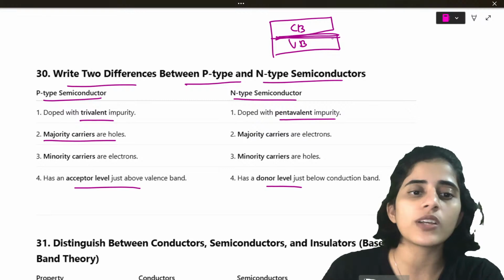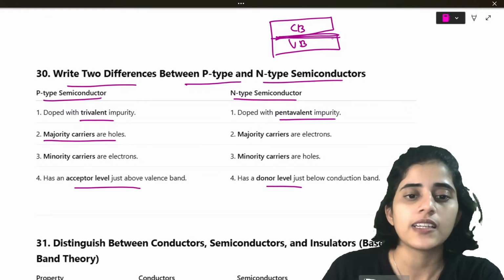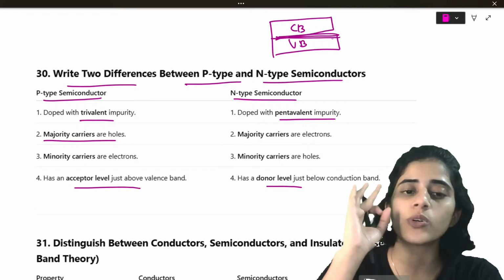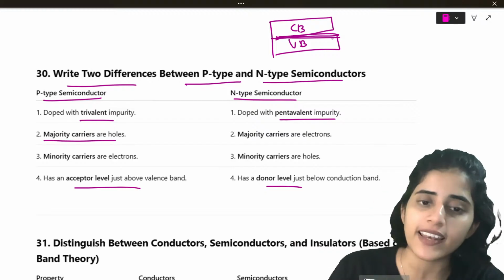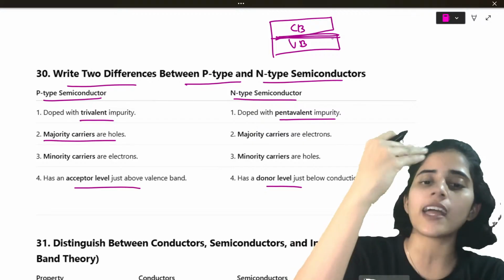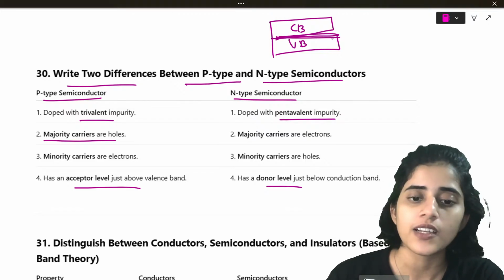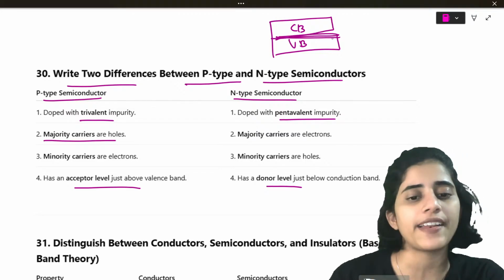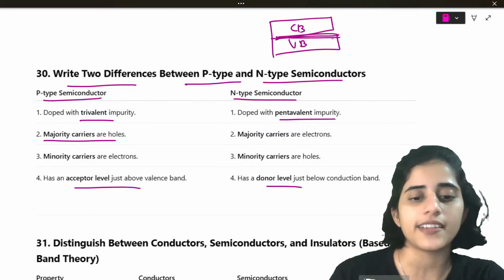Now in p-type, what happens? In p-type, there are only 3 valence electrons, so 1 is less. To fill the missing bond, an electron from the valence band can jump to the acceptor atom, leaving behind a hole in the valence band. So the acceptor level is very close to the valence band. Electrons are taken from the valence band, holes are created.